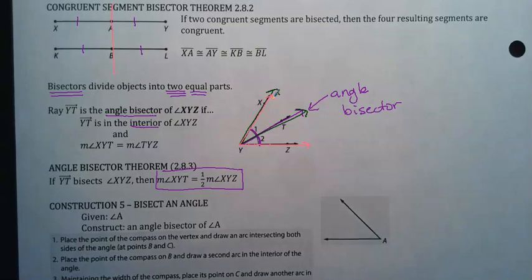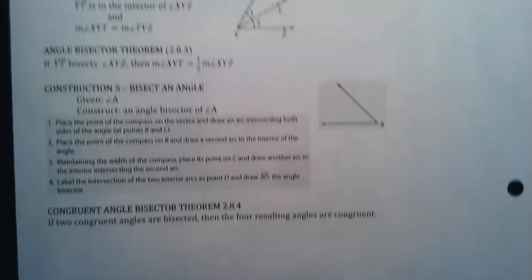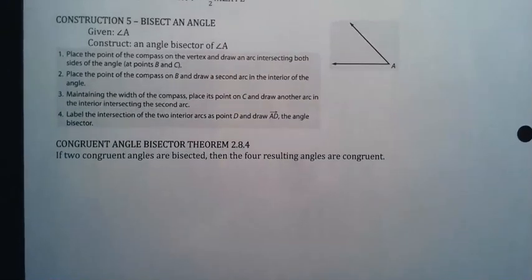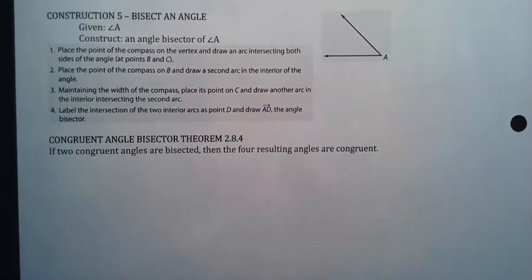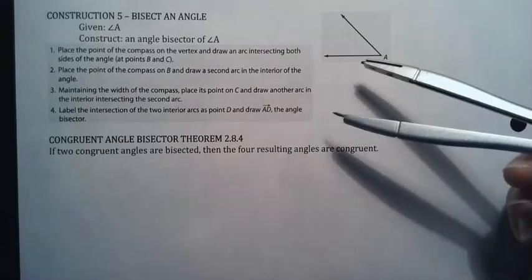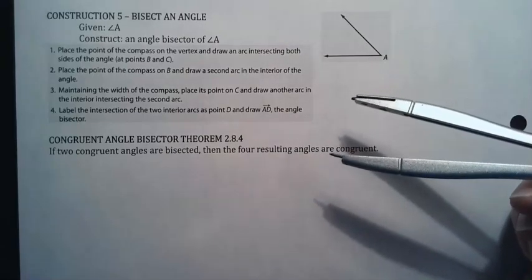Now the only other thing we're going to do is construct an angle bisector. So you need that compass and straight edge again. We're given angle A, and we're going to construct an angle bisector.